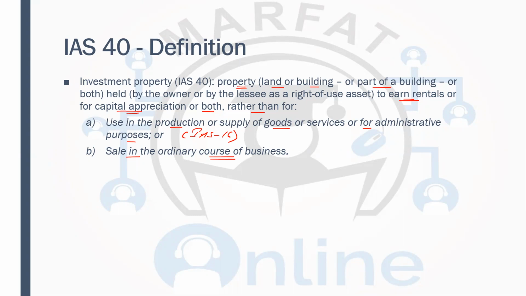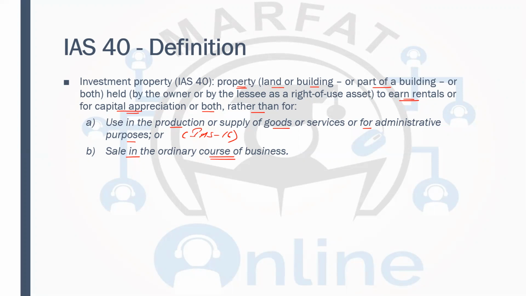Or to earn rentals. For example, they have a building or a part of a building which they have given on rent and they are earning the rentals from it. If that is the case, then we are going to classify this as investment property, not property, plant and equipment.